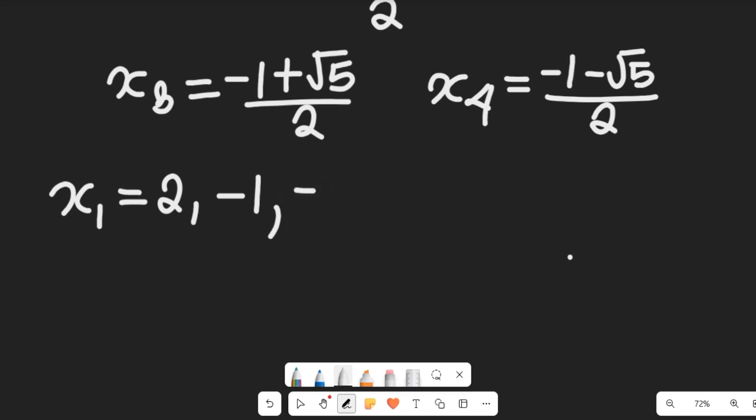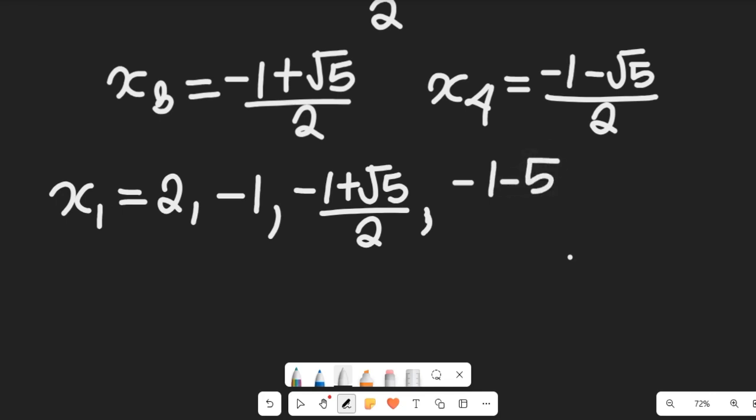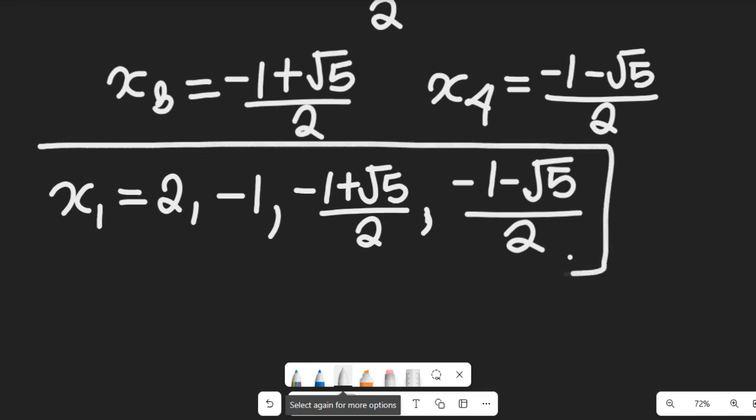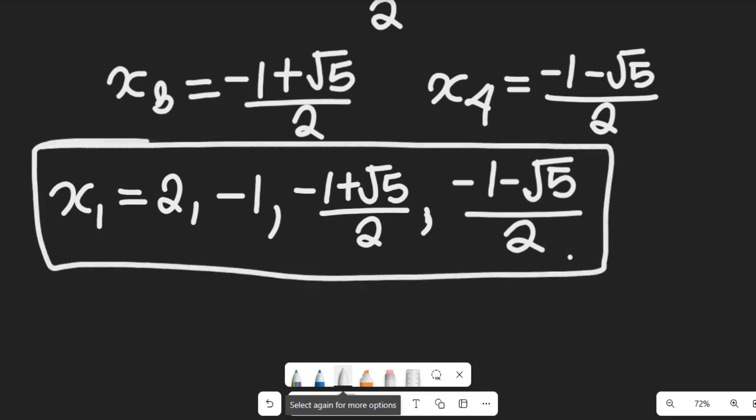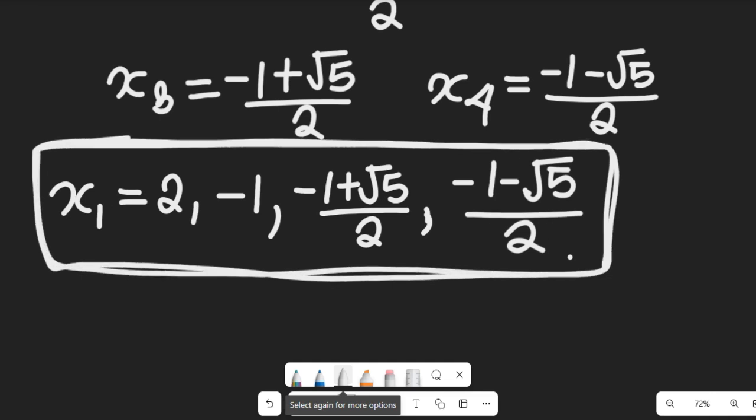We have x to be negative 1 plus square root of 5 divided by 2. And then we'll have x to be negative 1 minus square root of 5 divided by 2. All these are the values of x that satisfy the expression given to us up there.